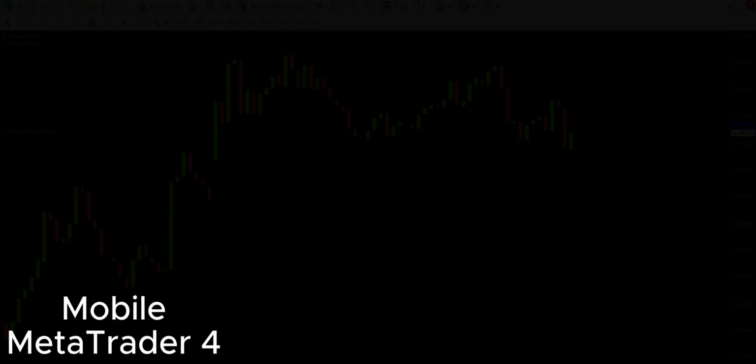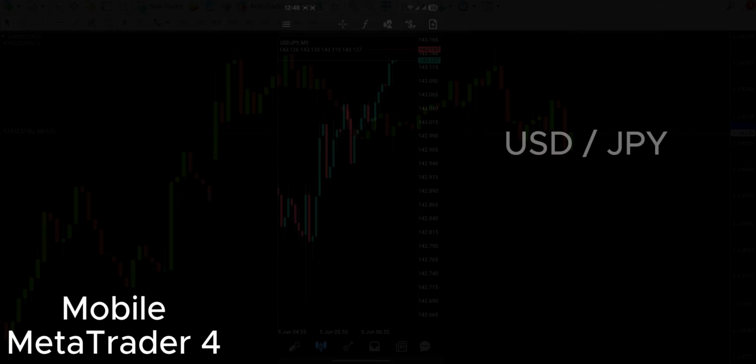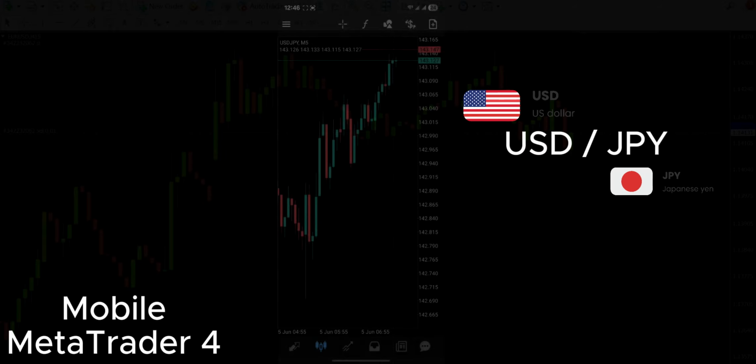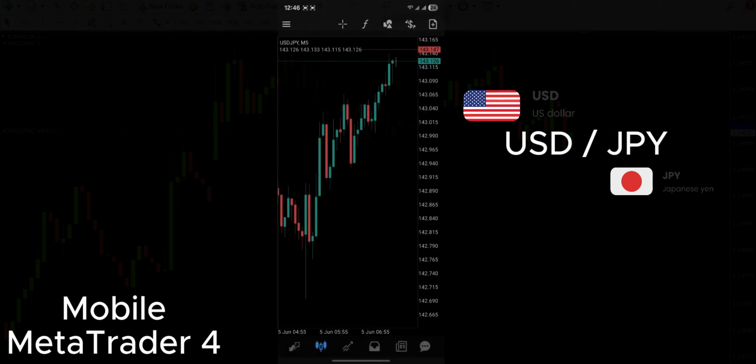Another quick example, we are going to look at the USD JPY, which is the US dollar Japanese yen currency pair. I will be using the mobile MetaTrader 4, and in this example, the US dollar is the base currency and the Japanese yen is the quote currency, which is the same basis for the buy or sell.